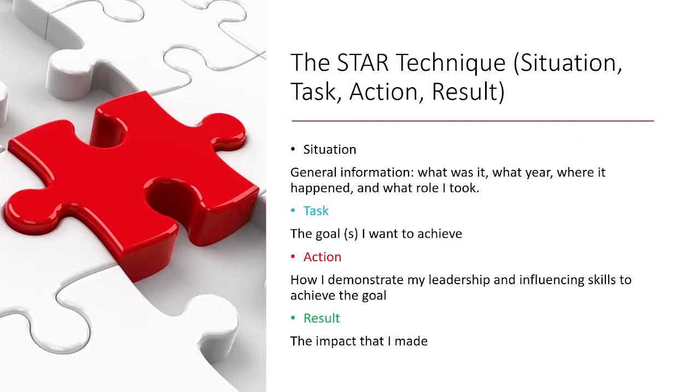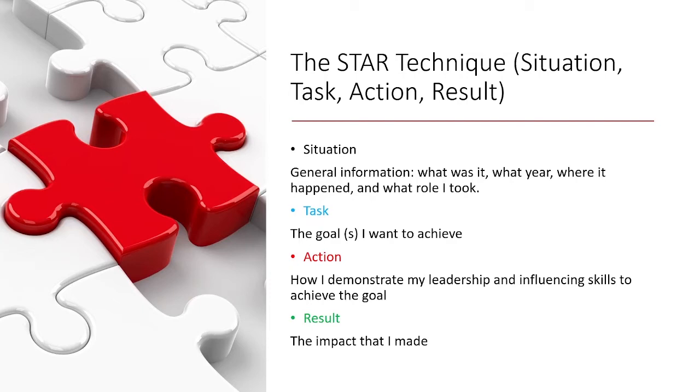STAR stands for situation, task, action, and result. So in my achievement paragraph, as mentioned, I choose two of my best achievements and I describe each achievement in a paragraph using this technique. In my first sentence, I started with general information about the project that I did back in 2014.